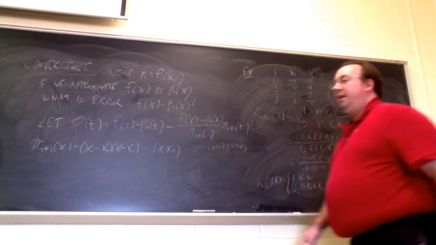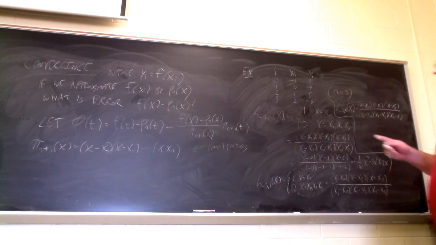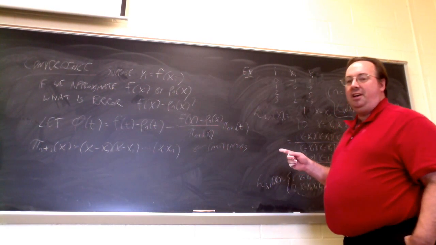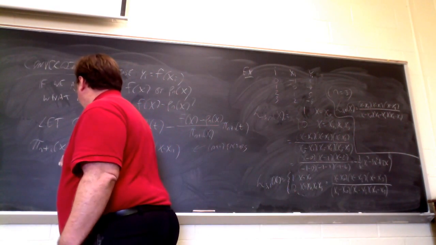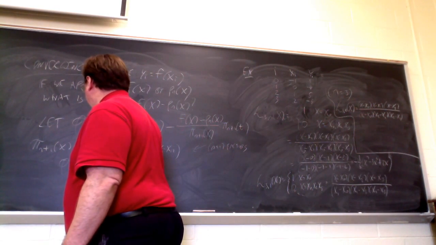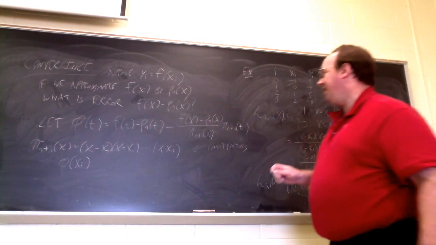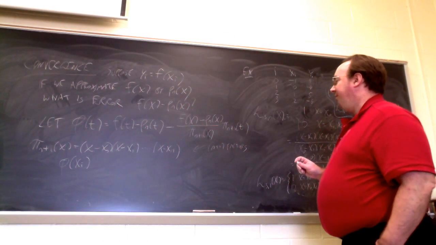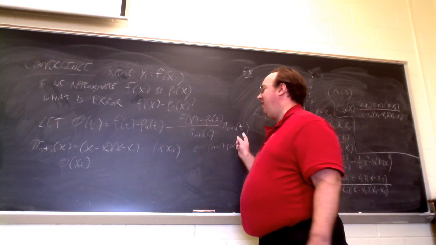Okay. Now, first we're going to get some understanding of where this function phi of t is equal to 0. So if I plug in x equal to xi, so wherever you see t, t is equal to xi.